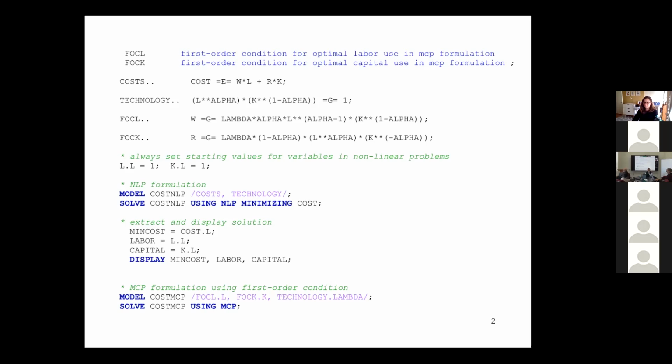I was just trying to understand what attaches to what. Because you could simplify some of the code. The NLP model declaration just says we're just going to use two of those. I see, so that's fine. And then you don't even need to work out what the FOCs are.